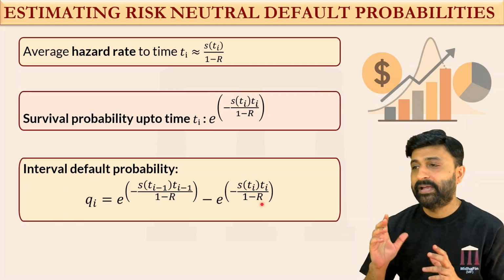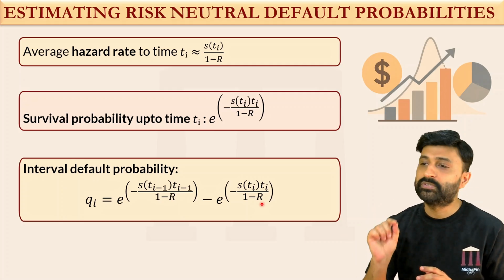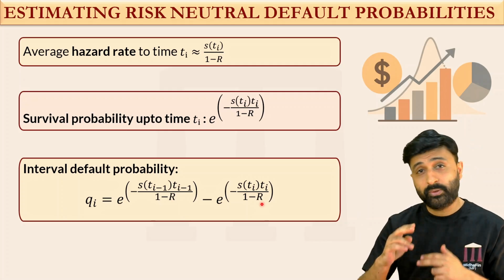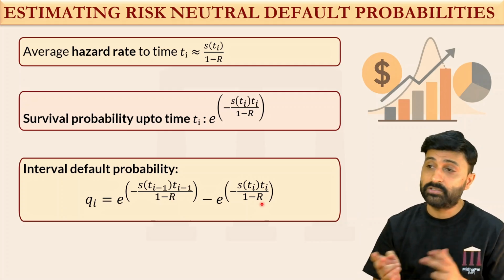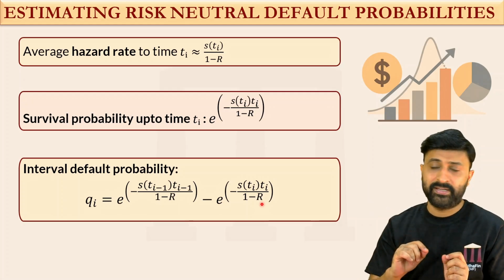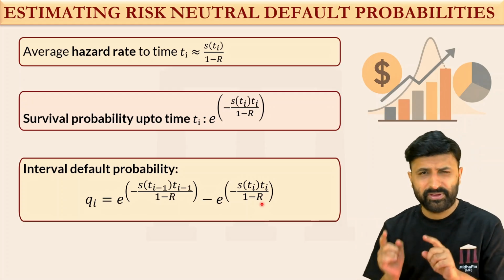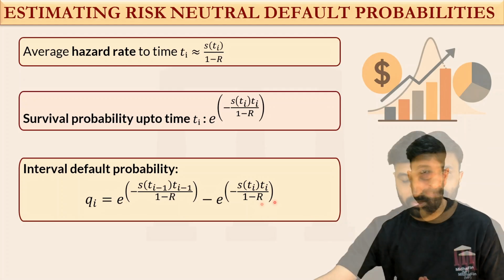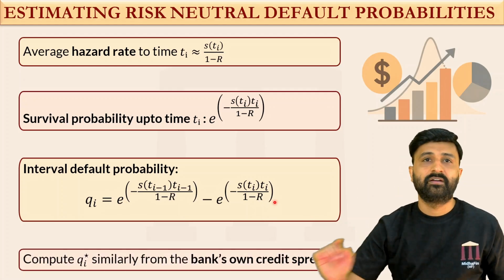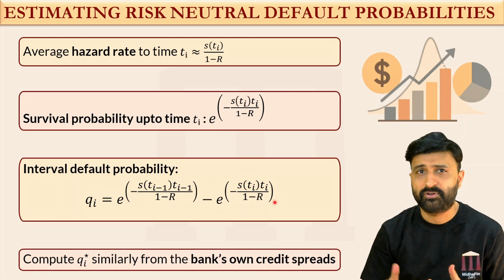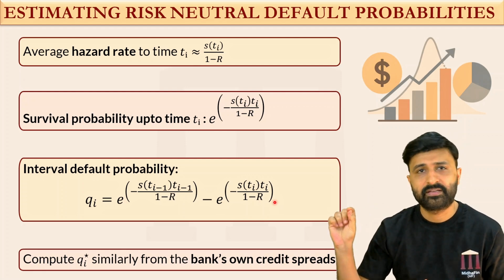Either it can be calculated using the differences between survival probabilities, or you can take it the other way around. You can also calculate it as the difference in cumulative default probabilities, only the order will be different in both. So we have done this in FRM part 1 also. The same idea is being used. And to calculate Qi star, you just repeat the same process for the bank's own credit spreads.